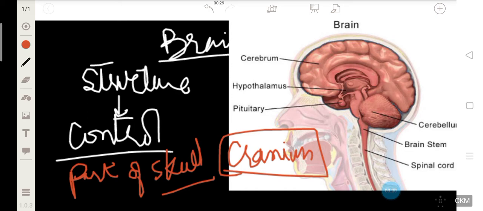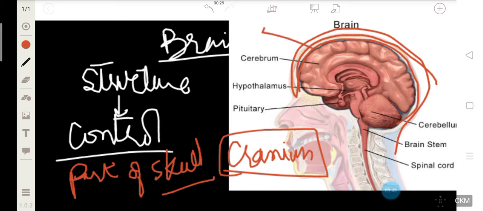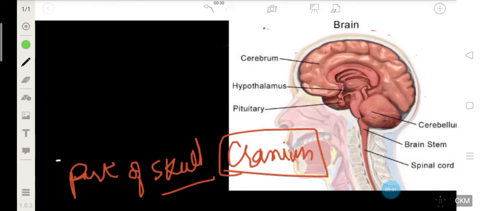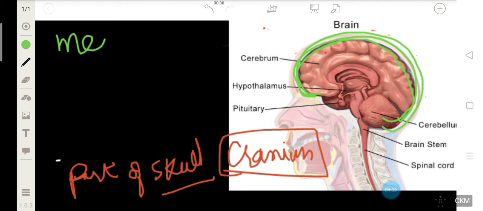Now, students, inside the cranium, which covers the brain, three layers are present around the brain, protecting it, and these layers are known as the meninges.